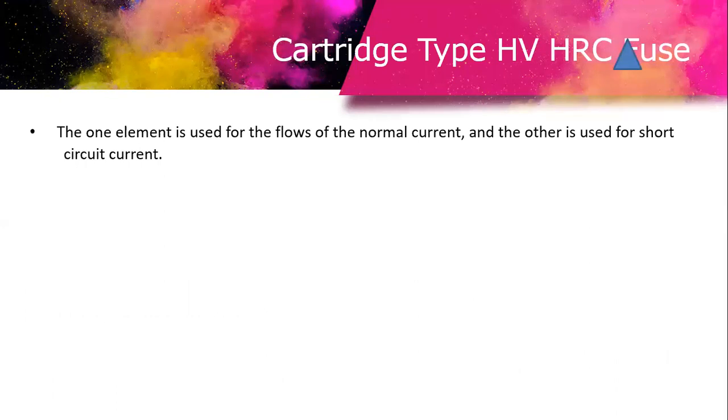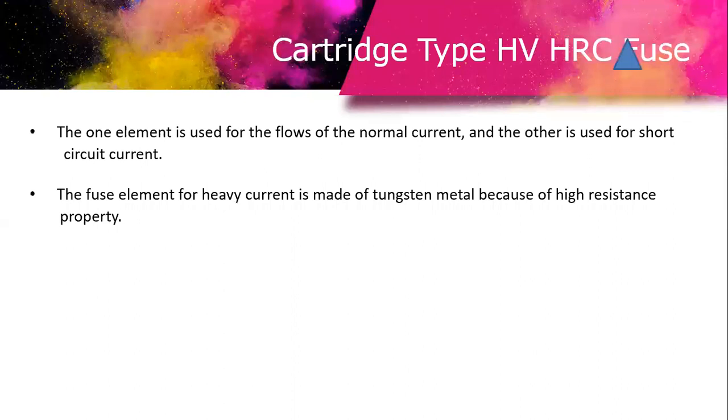One element is used for the flow of normal current, and another is used for the overload current or short circuit current, because both are connected in parallel. One has high resistance, one has low resistance. The fuse element for heavy current is made of tungsten metal. What do we mean by tungsten?